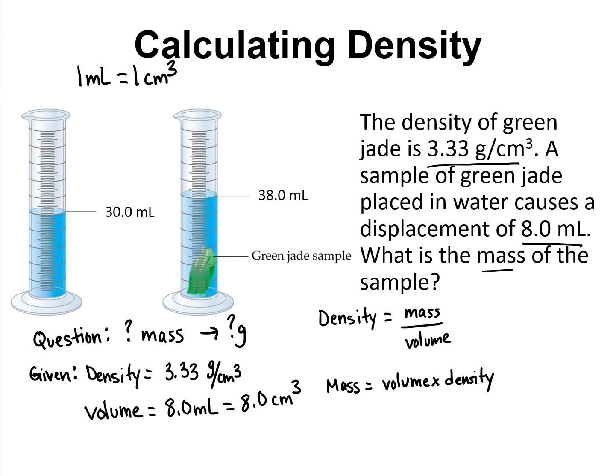Since our mass is equal to volume times density, we're going to put in 8.0 centimeters cubed multiplied by the density, which is 3.33 grams per centimeter cubed. Your calculator answer should be 26.64.